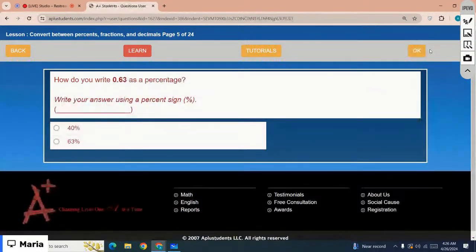How do you write 0.63 as a percentage? Yes, 63% it is.